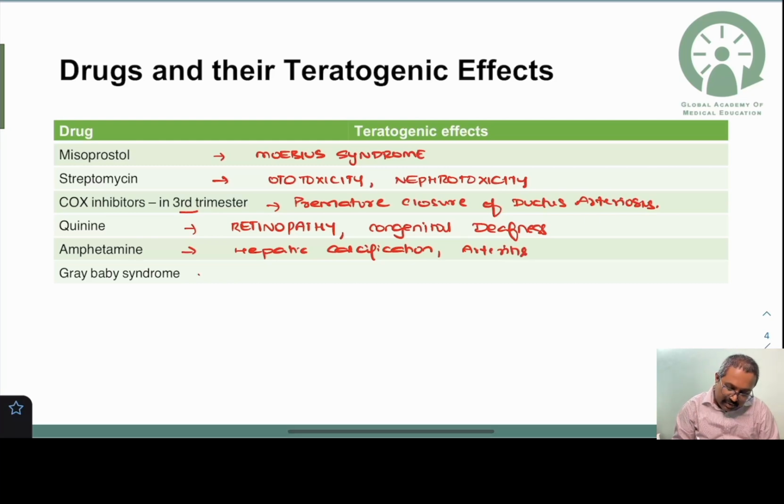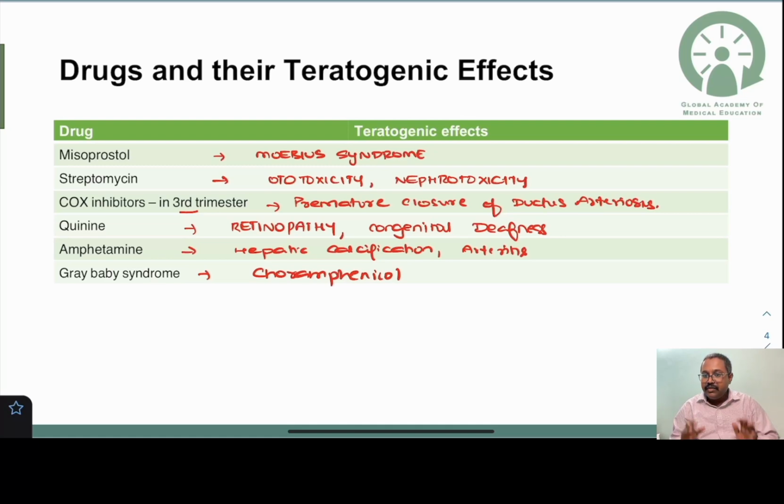So what about gray baby syndrome? Gray baby syndrome is usually seen whenever you give chloramphenicol. So these are some of the very important teratogenic effects that can be seen with some of the very important drugs.